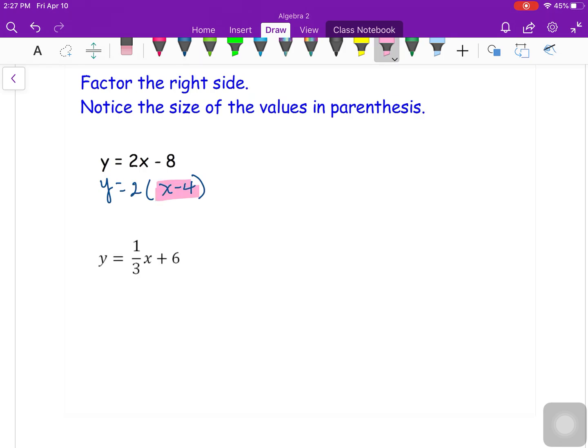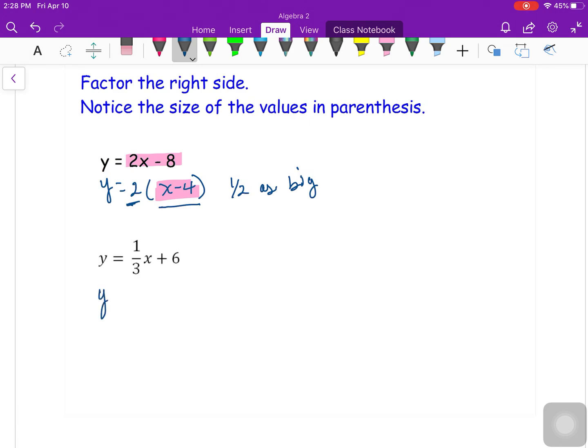So how does x minus 4 compare to 2x minus 8? X minus 4 is half as big. So when I factored out a 2, what remained was half as big.